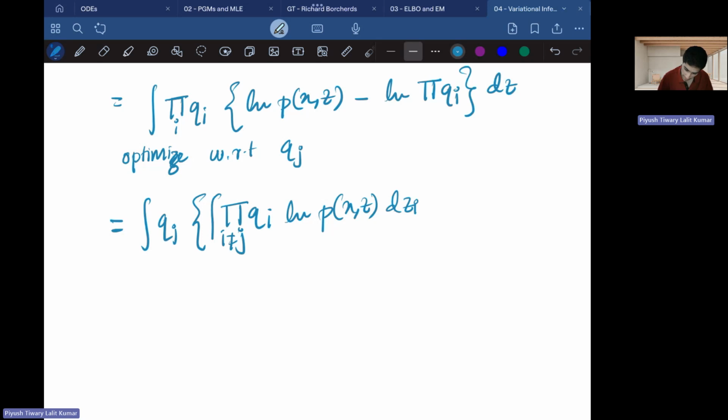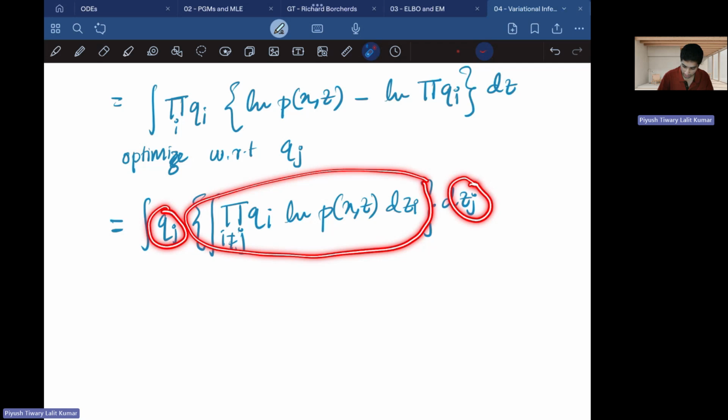I will split the integrals as well, and this is dz_j. So what I have done here is basically split my integral in two parts: one with respect to the jth index q_j and z_j, and everything else I have pushed inside.